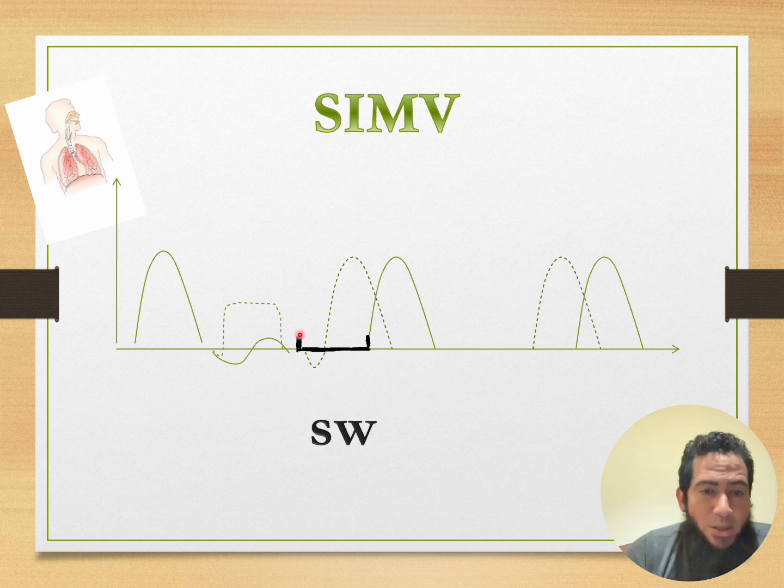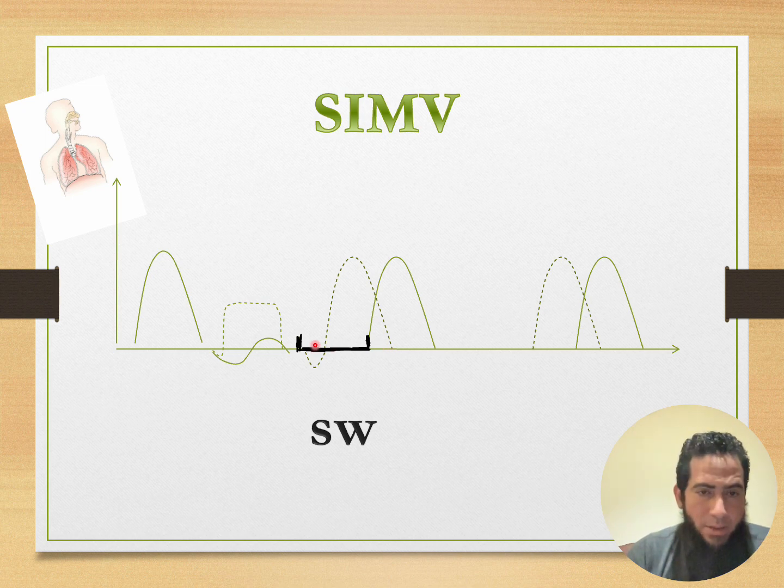So if any spontaneous breathing happens within the synchronization window, it will be converted to an assisted breath, either volume or pressure according to the mode you're using. We're just showing the curve of the volume control.